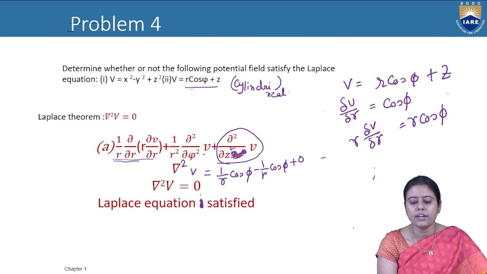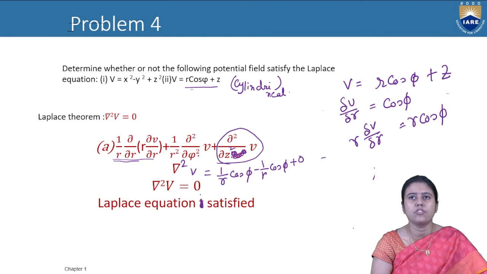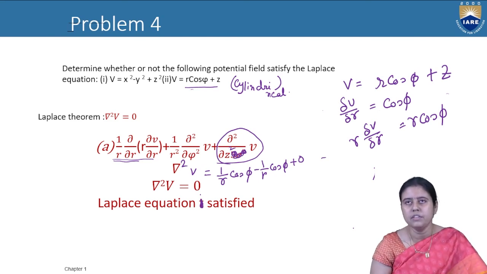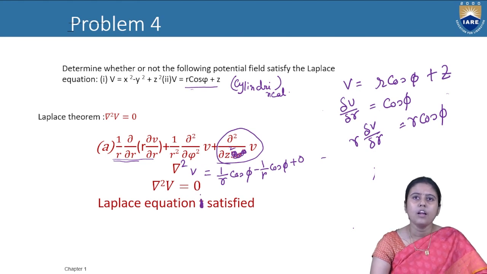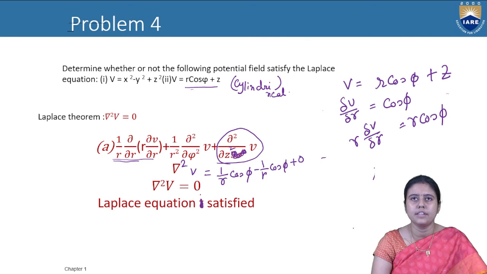Then we will calculate the del square v by del phi square. We get the value minus 1 by r cos phi. Then we will differentiate this one. As grad square v equals 0, we can tell the Laplace equation has been satisfied. So this is today's topic we have discussed.